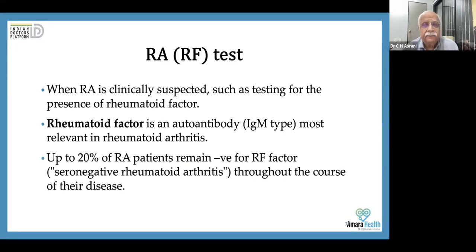Up to 20% patients remain negative for RF factor or RA test. It's called seronegative rheumatoid arthritis. They will remain negative throughout the course of the disease. So understand one thing, friends, our clinical approach, our clinical acumen is much more important than RA test positive or negative. Clinical acumen overshadows the labs.